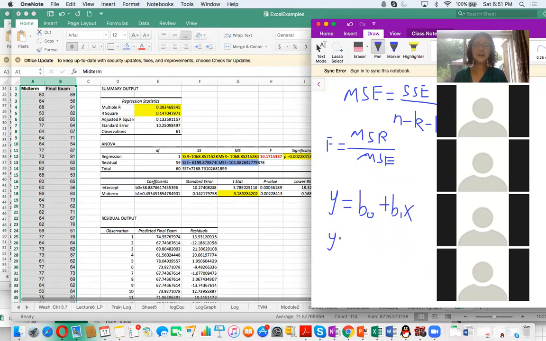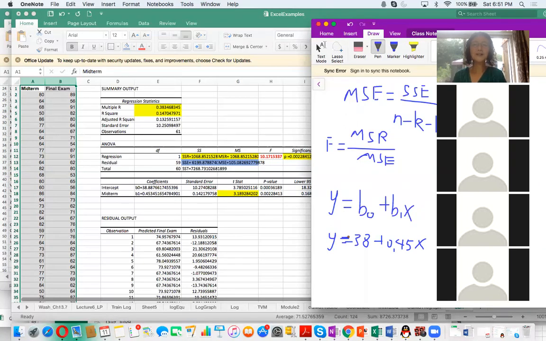B0 is 38.88, and B1 is 0.45. I will omit the decimal: 38 plus 0.45x. That is the relationship between midterm and final exam, and this is the linear regression equation.